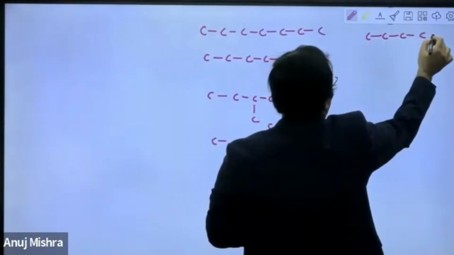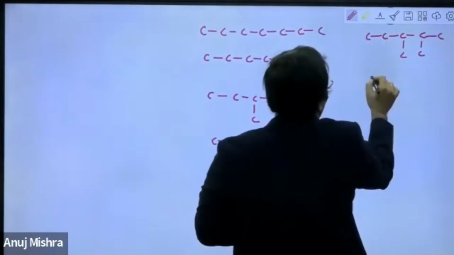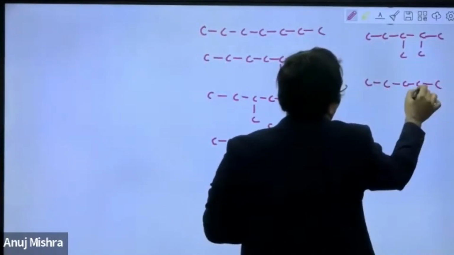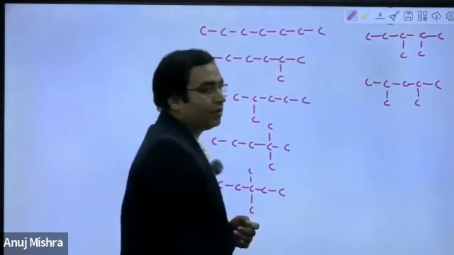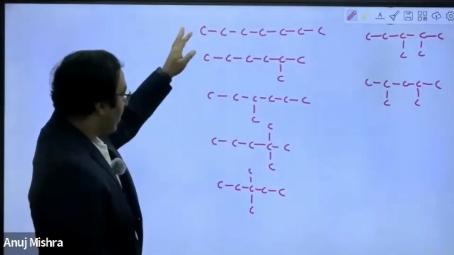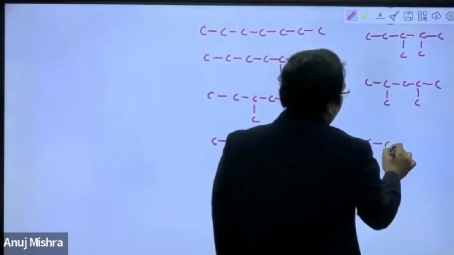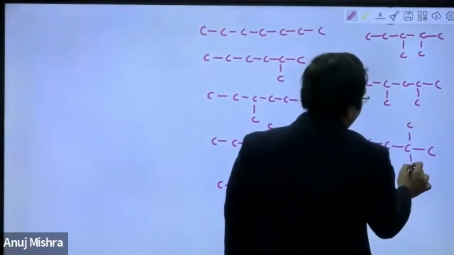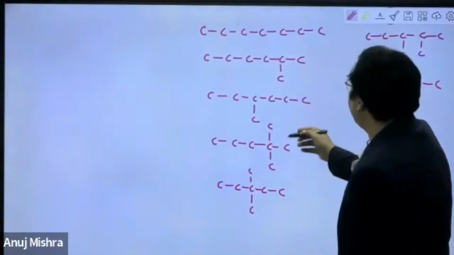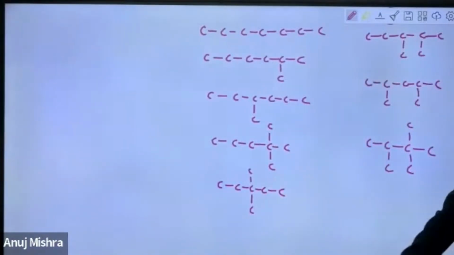Then 5, 2 branches adjacent. Then 5, 2 branches alternate. You understand the pattern? Simple. Then 4, 3 branches. So 1, 2, 3, 4, 5, 6, 7, 8. These 8 structures will be made by everyone. What is the 9th structure?